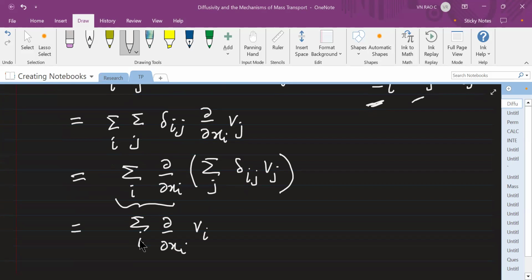Now, simple vi. What is vi? What is a vector V? You can write like this. Just imagine and visualize the concept here.